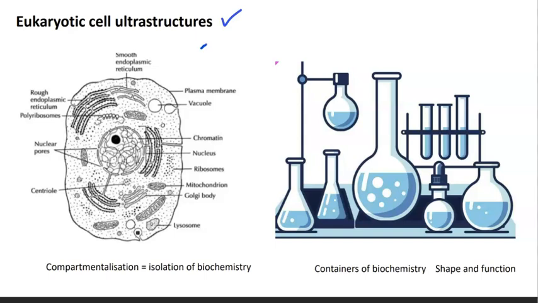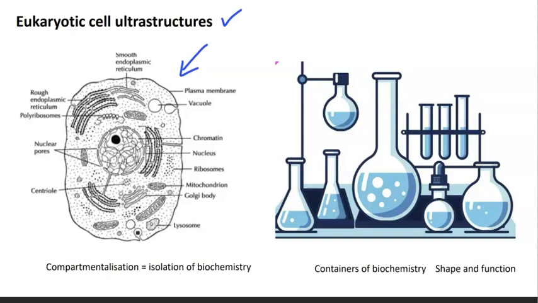And students will be familiar with diagrams like these, but these diagrams can never do credit to the true complexity of the internal structure of a cell with its organelles and its various structures.